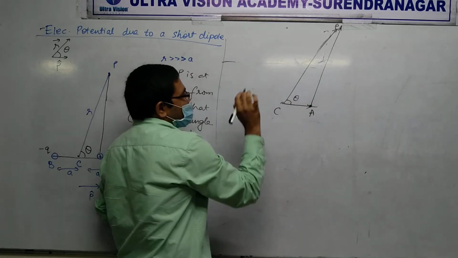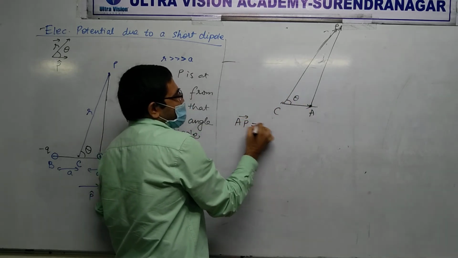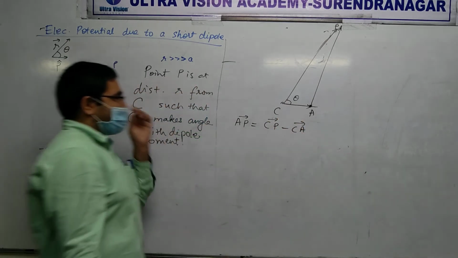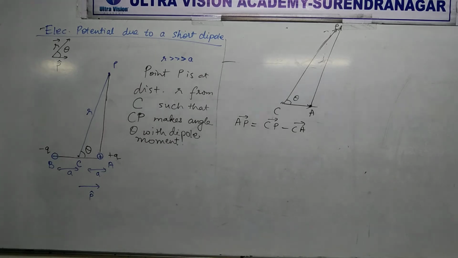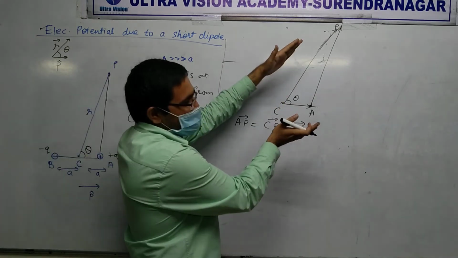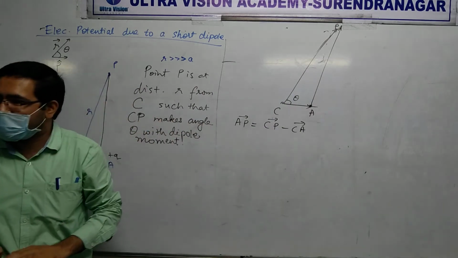This angle is theta. So do you agree that AP vector is equal to CP vector minus CA vector by triangle law of subtraction? Two vectors coming out from the same point, then you join the head of one with the head of the other. That means you are doing subtraction. Clear?